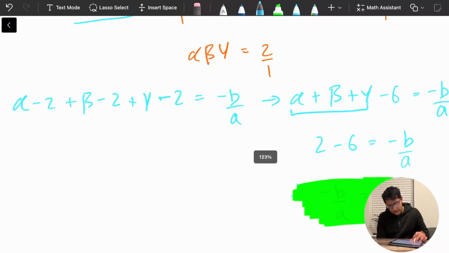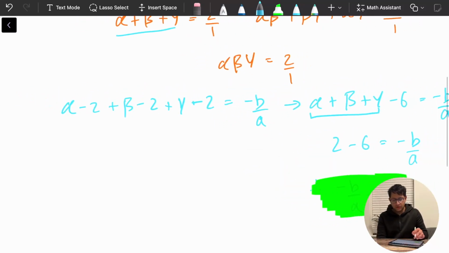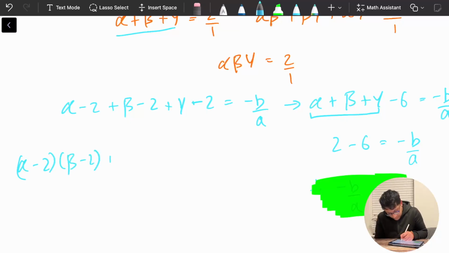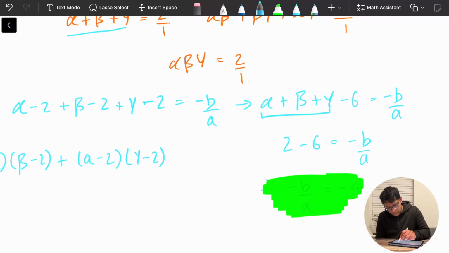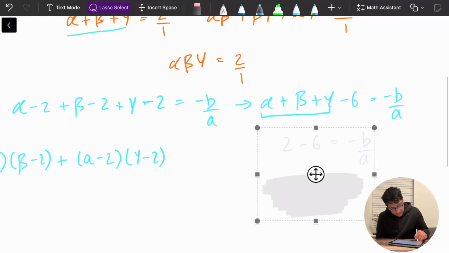Cool. Now, similarly, you will have to do alpha beta, beta gamma, and alpha gamma. So we're taking the products of these. Let's move this aside.